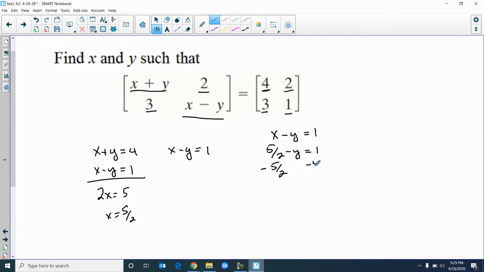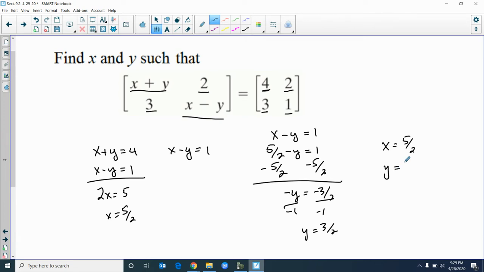Subtract 5 halves, I get negative y equals negative 3/2. Then I divide by negative 1, y equals 3/2. So in this case, x equals 5/2 and y equals 3/2. So for two matrices to be equal, and this is pretty much common sense, the numbers in the same position have to be equal.